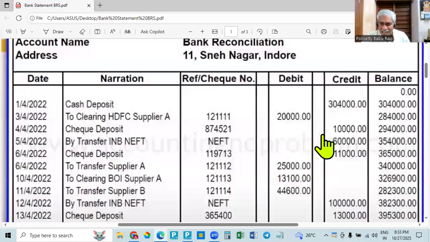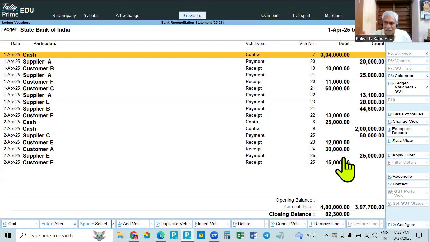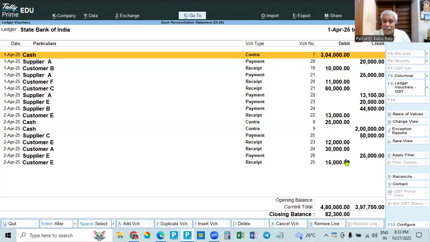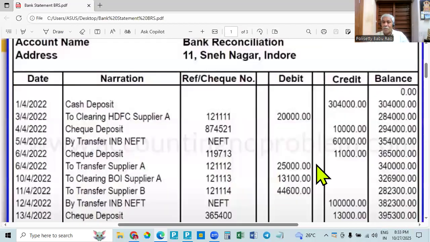So when we deposit the checks received from the customer in the bank, we make the entry immediately, and our balance is affected immediately. But the bank has to credit these deposits, and the bank will credit our account only when the checks deposited by us are collected. After collecting, they will credit our account.